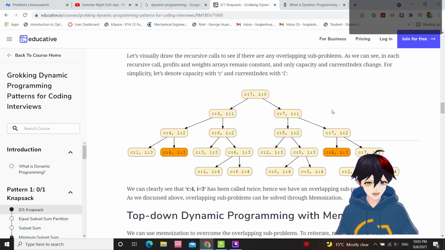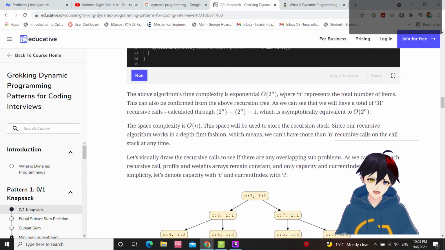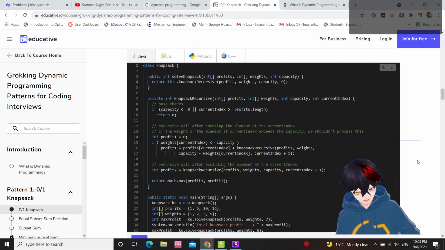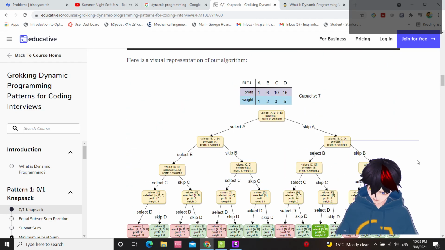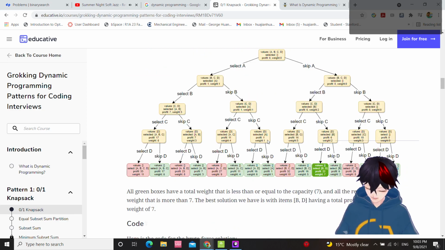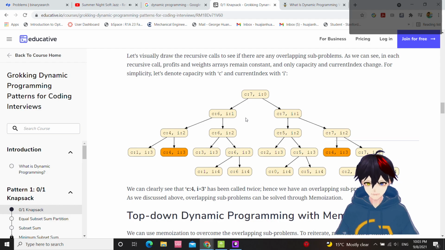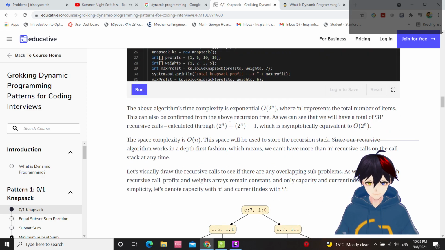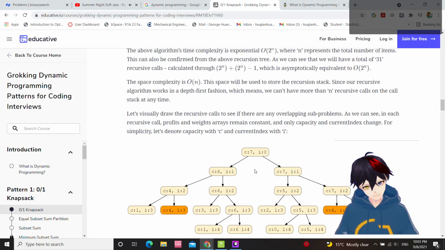Capacity and I. Capacity is 7, index is I. Index is like how many, the layer.